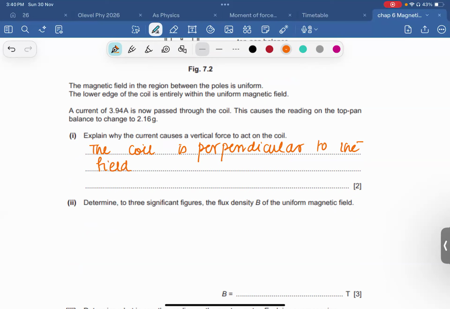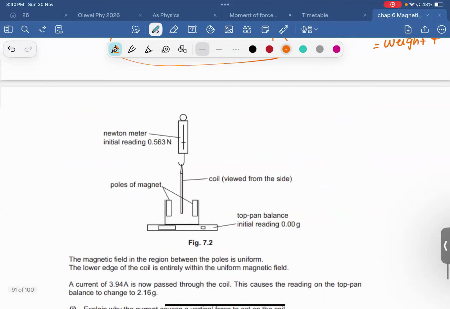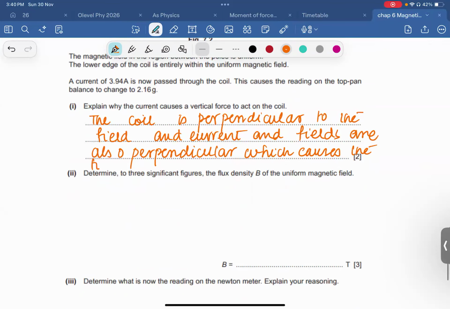Okay, and the current and field are also perpendicular, okay, which causes the force on the wire, according to Fleming's left hand rule.